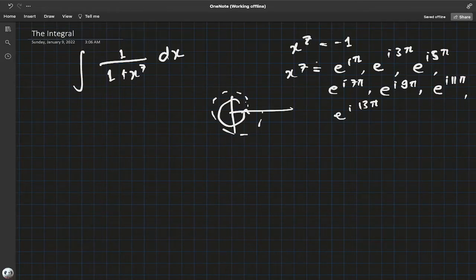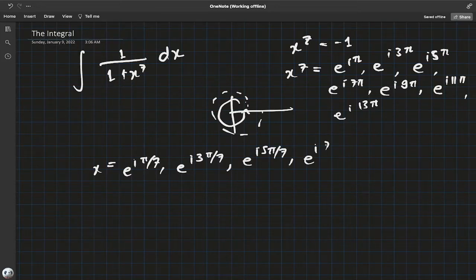Now we can take the seventh root on both sides of this equation to get the seventh roots as e to the i pi over 7, 3 pi over 7, 5 pi over 7, 7 pi over 7, which is just pi, and e to the i pi is -1, so that's the most obvious root. Then we have 9 pi over 7, 11 pi over 7, and finally 13 pi over 7.